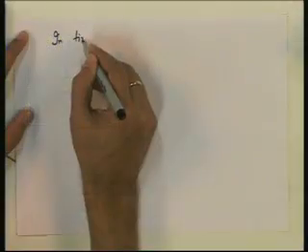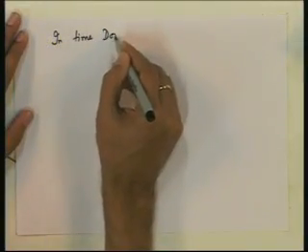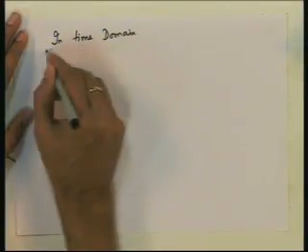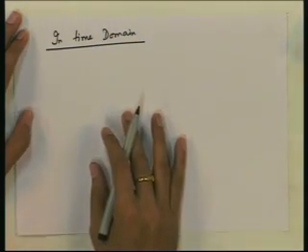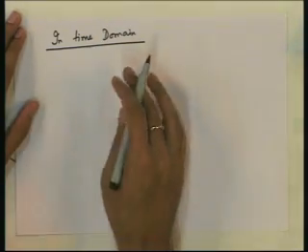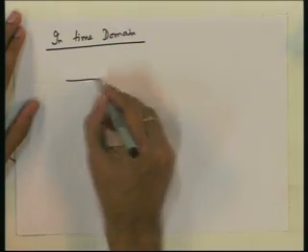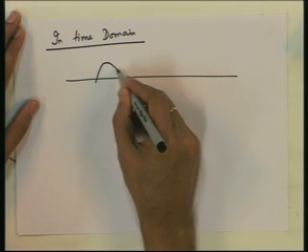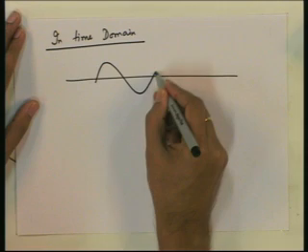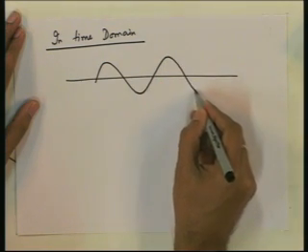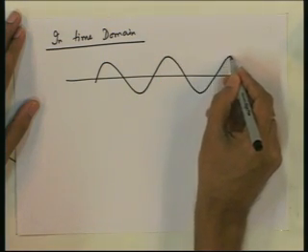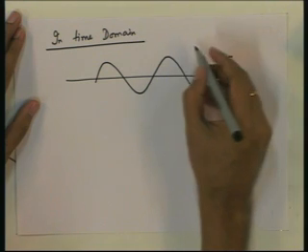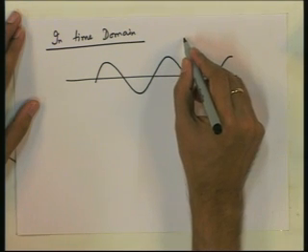Okay. So in the time domain, let us just consider a sinusoidal signal for simplicity. We have a sinusoidal signal of frequency say f naught.